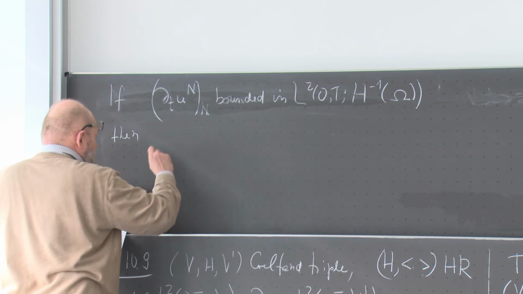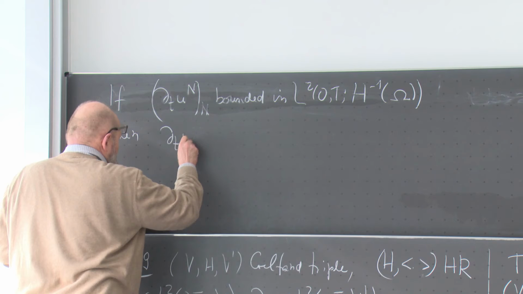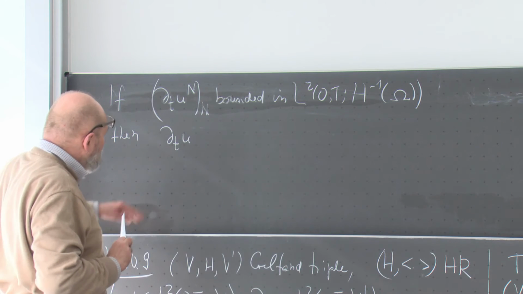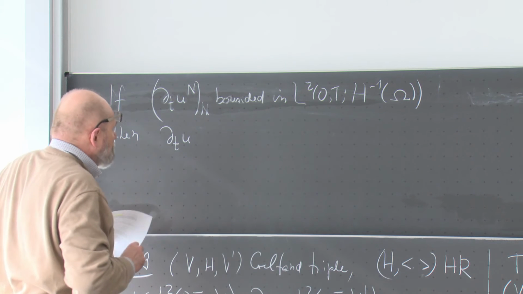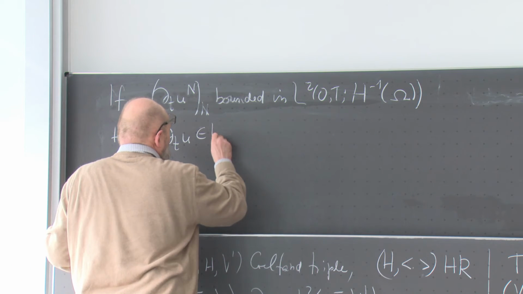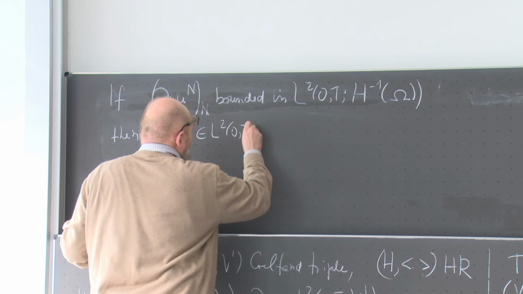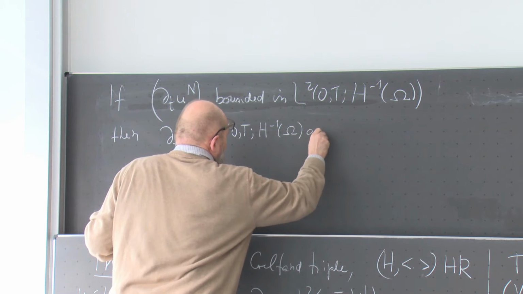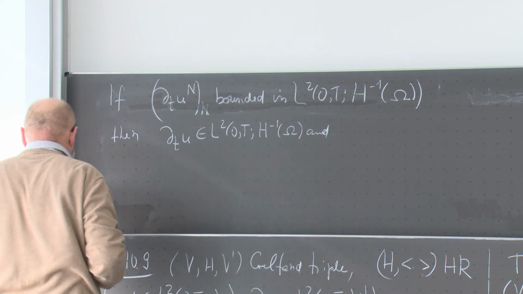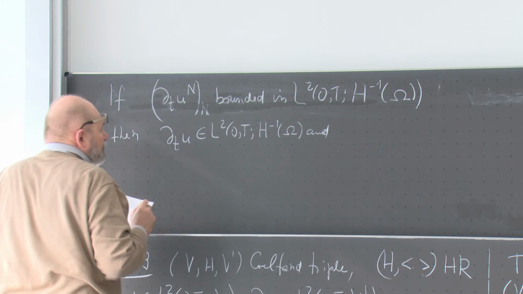Then also the derivative of the limit, which you can view as the distributional derivative, has to be in this space, and correspondingly there is also weak convergence.